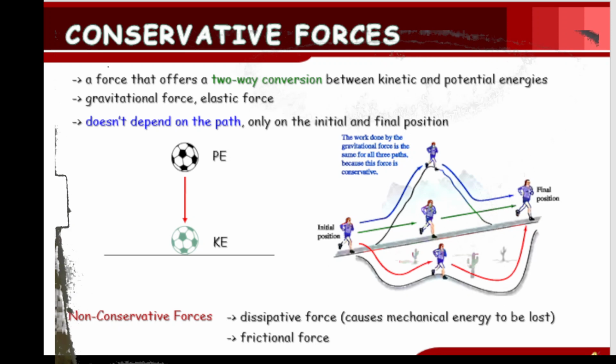Now, take note, if only gravity does work, gravitational force offers a two-way conversion between the kinetic and potential energies. So that means, if only gravity does work, it doesn't matter what path it takes, we only look at the initial and final points. So if only gravity does work on any path taken by this same person, then the total mechanical energy at the initial position is equivalent to the total mechanical energy at the final position.